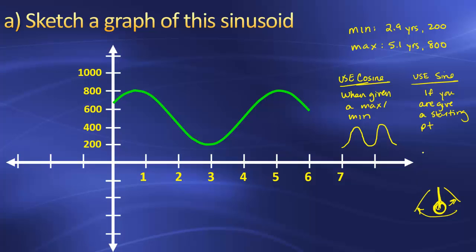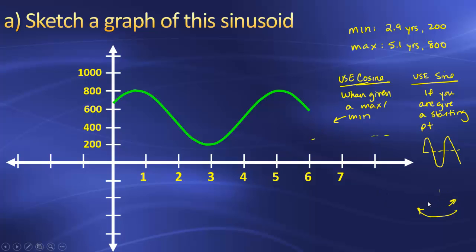So if we were to represent that on a graph, if this is our midline, it starts, it goes one way, then comes back and goes the other way, and so on and so forth. I know that this goes below 0, but we can move it up, and we can have a starting point be our min or our maximum. So this is an example of, if we're given a minimum, use negative cosine.